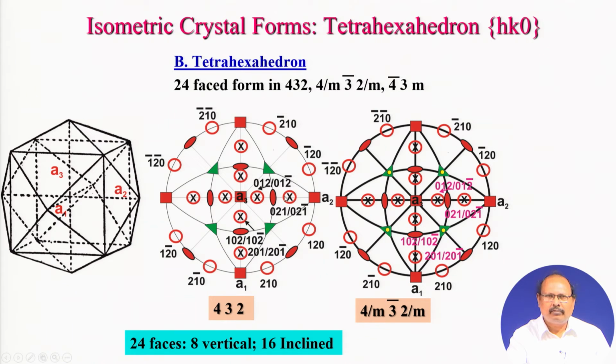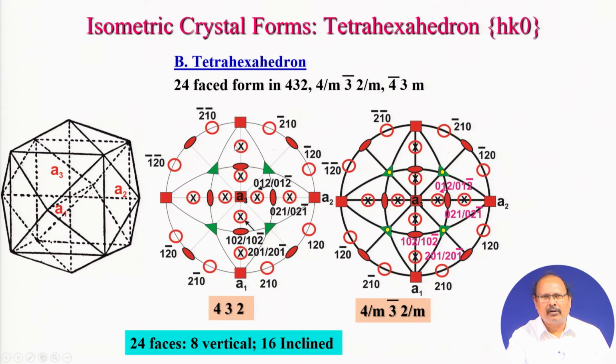So there will be a face which will intersect the negative direction of the A3 axis. Once you have this cross, it will be acted upon by the vertical fourfold, so you can have a cross here, here, and here.